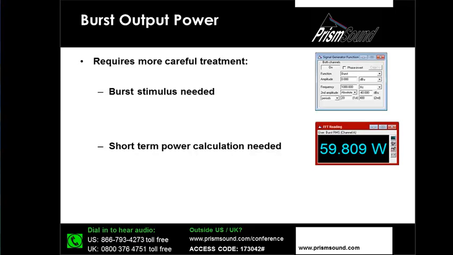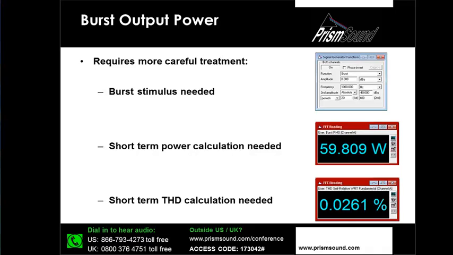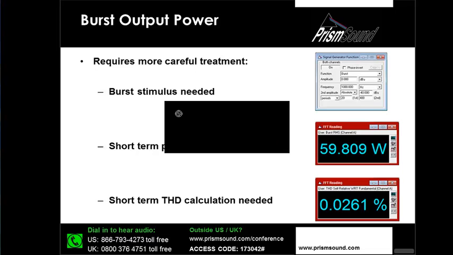So we need to be very specific about where we start and finish our measurement, because we want to be measuring this during the high amplitude, short duration part of our burst. And likewise, when we evaluate the distortion, which again can be used to define the onset of clipping, we need to be able to evaluate distortion over a short period of time. So let's look at how we might go about doing just that.